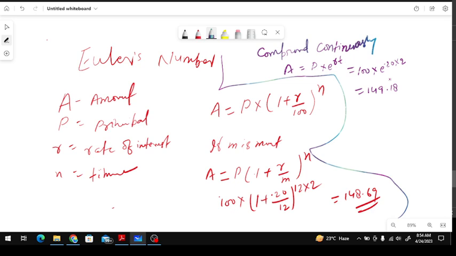But how do we calculate continuous interest in Python using the exp function? So let's go ahead.